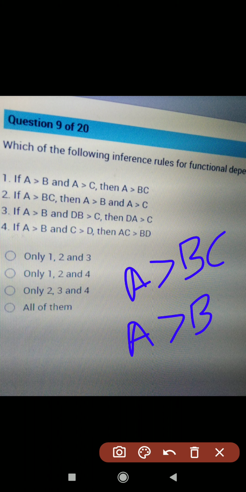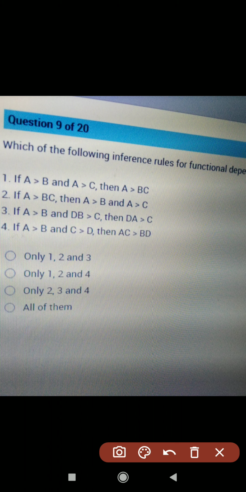That means A is very much bigger than this individual B, and also A should be greater than C. This is also true because B and C both multiplied, and when I multiply both these things at that moment also A is greater than them. So individually when I compare, A is greater than B, yes, and A is greater than C, yes. So the second option is correct. So 2 is there in all these three options, guys, so any could be the answer.